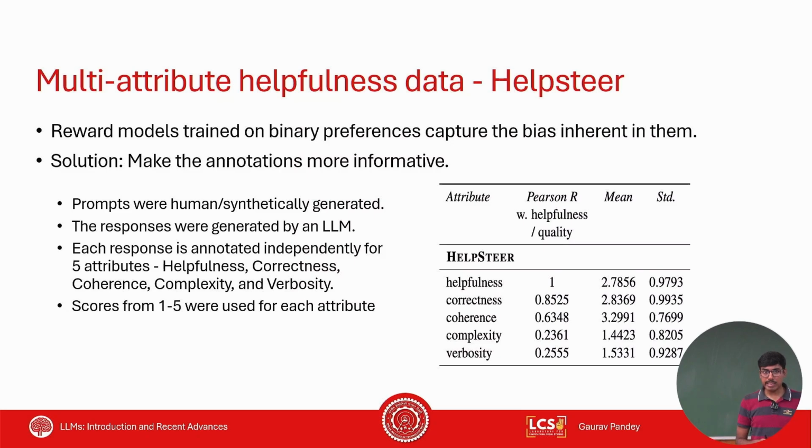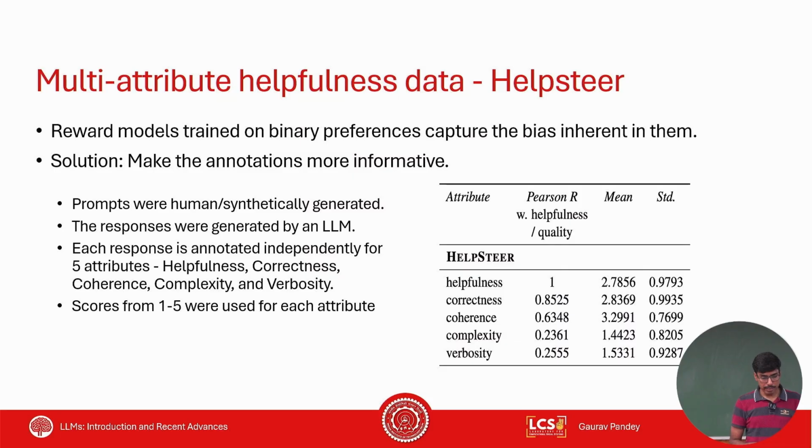So they decided that since the model is picking up this spurious signal, let's make these annotations more informative. How do you make the annotation more informative? Instead of asking the humans to say which response is more preferable, they showed only one response to the human instead of two.